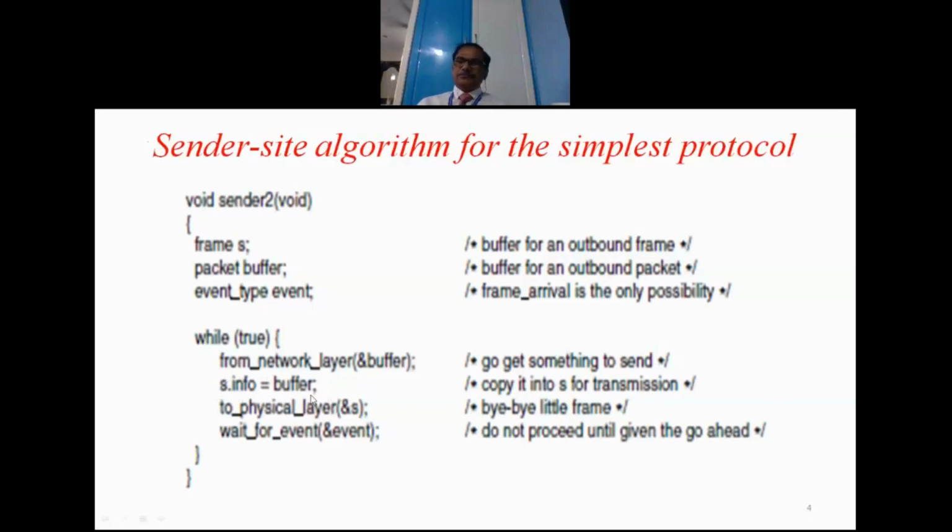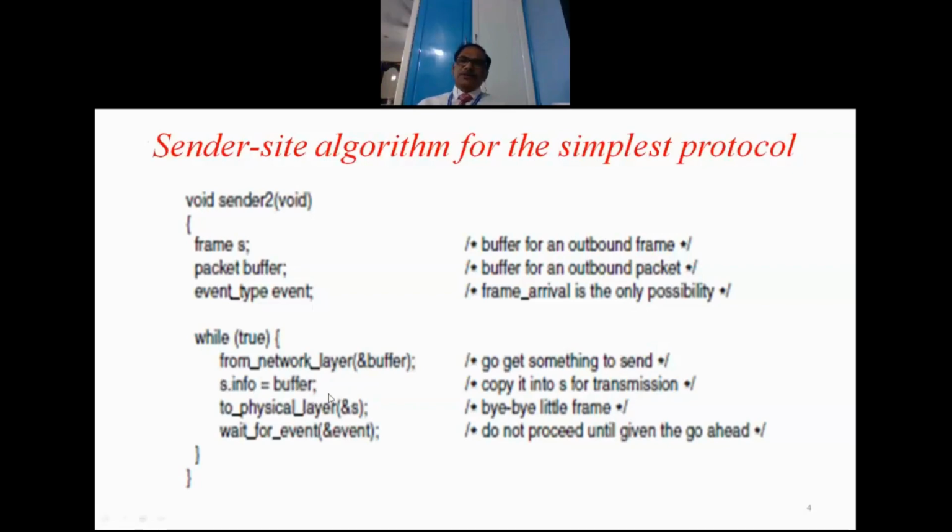Your frame creation is nothing but adding the header and trailer. The header part, what we have already discussed, is the physical address of the sender and receiver, and the trailer part is the checksum. Of course, everything is received properly, so as a result no checksum is needed in this case. The algorithm is simple.